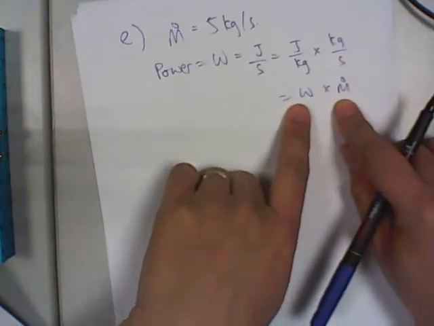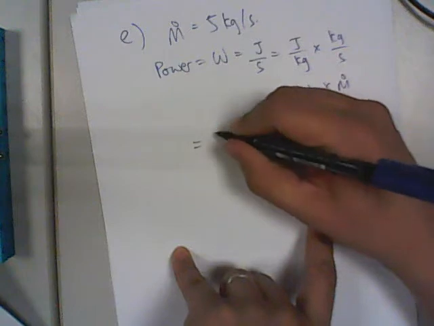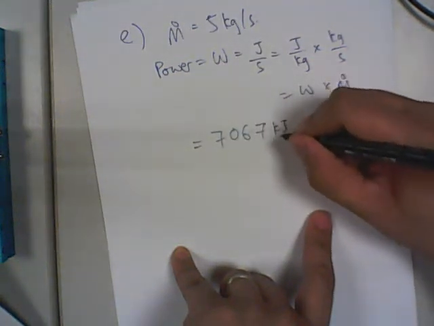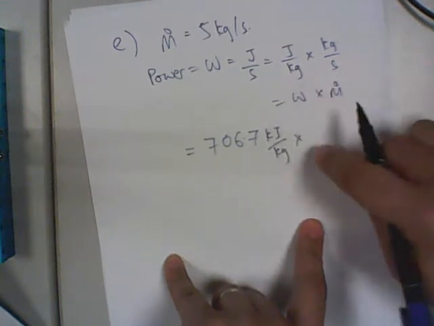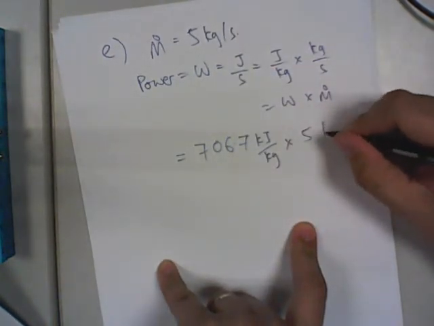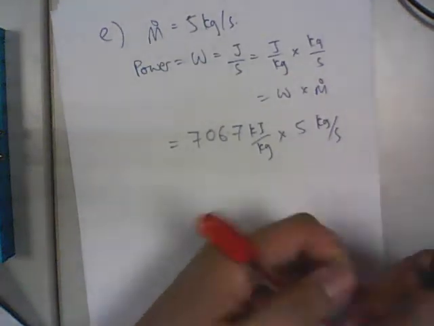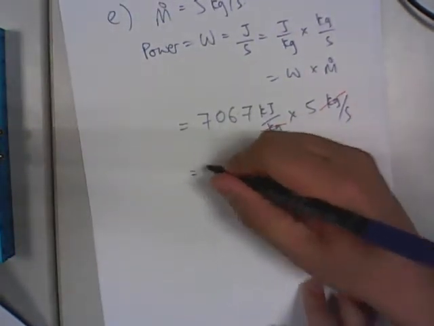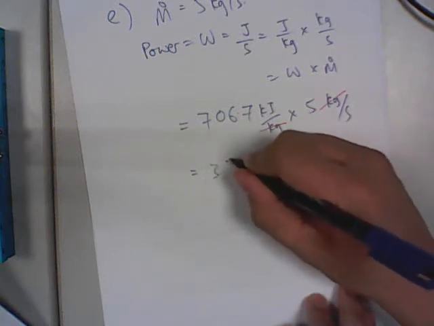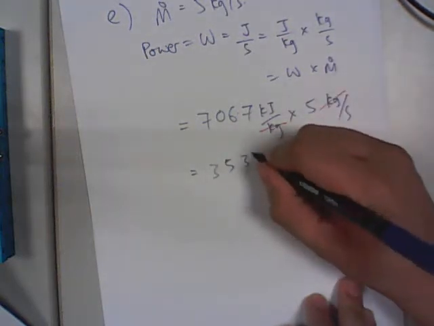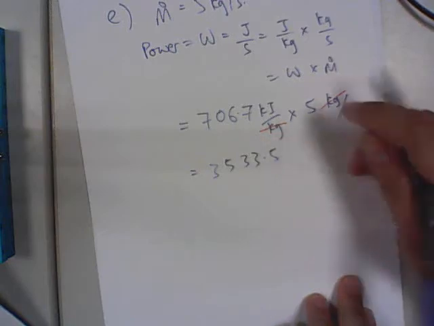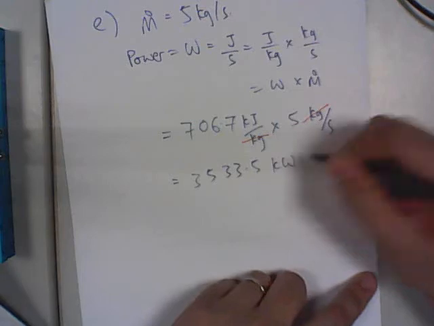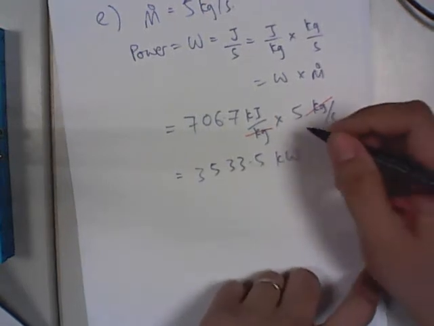Okay, so power is specific work times mass flow rate. So your case, your specific work is 706.7 kilojoule per kilogram, and your mass flow rate is this, 5 kilogram per second. So if you look at the units, the kilograms cancel out. Your answer will be 3533.5 kilojoules per second. So kilojoules per second is kilowatts.